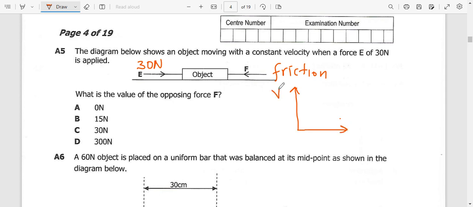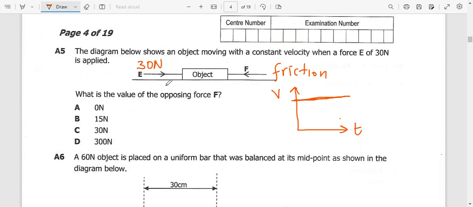On this side you have velocity, here you have time. Constant velocity is like this. When you have a line like this, you can't find an acceleration. Acceleration is equal to zero. So every time you hear constant velocity, just know acceleration is equal to zero, as long as something is not moving in a circle.